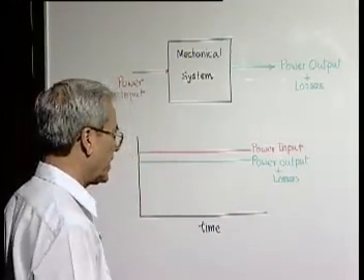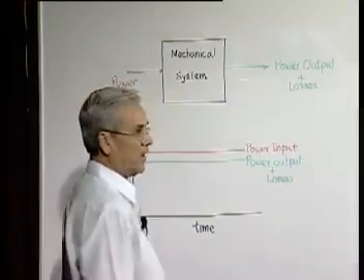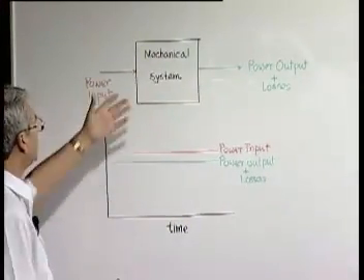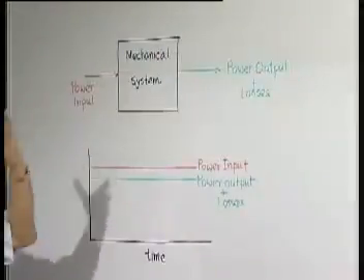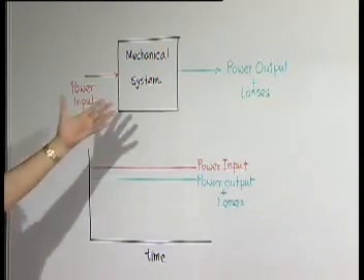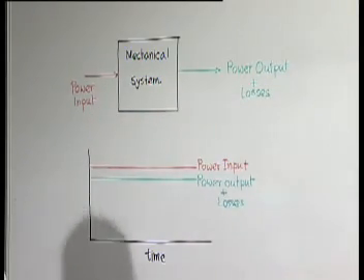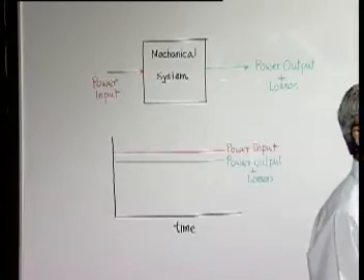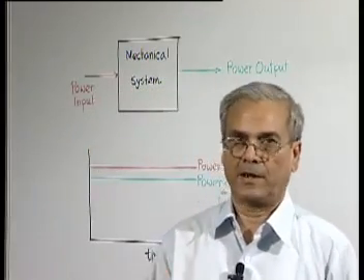We all know that energy can never be destroyed, so it is going to remain in the system. It will get accumulated in the system, and obviously a mechanical system can accumulate energy in the form of kinetic energy.